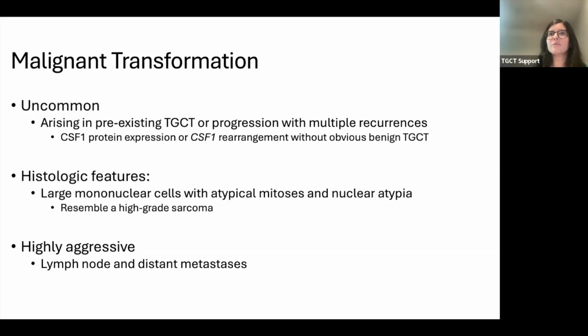Essentially, they can very much represent a high-grade sarcoma histologically. The few cases that have been described are aggressive tumors, and they can metastasize to lymph nodes and to distant soft tissue.